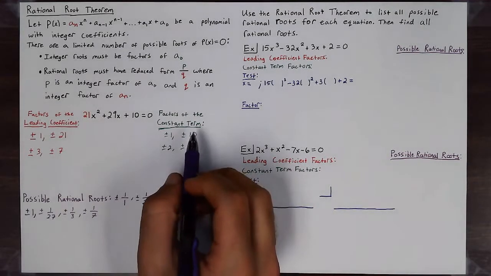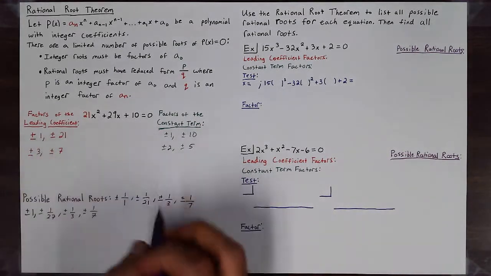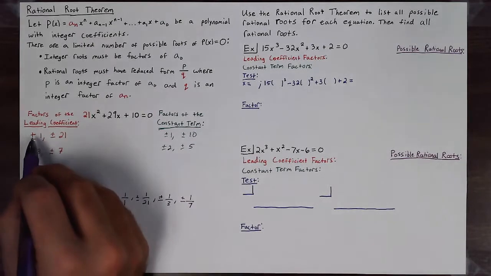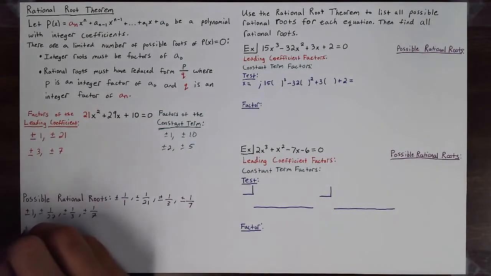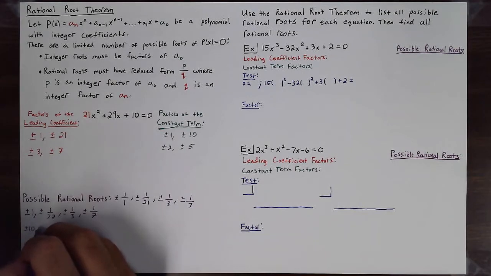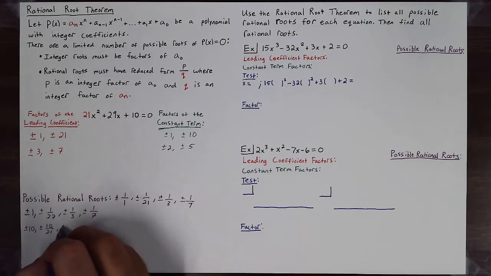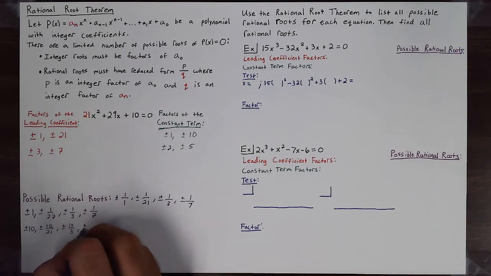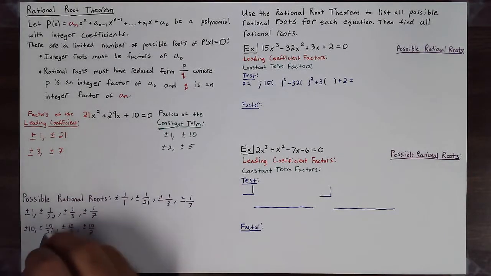Now I'll put 10 over all the numbers. So I'll plus or minus 10 over 1, which is just 10, plus or minus 10 over 21, which cannot be simplified, plus or minus 10 over 3, plus or minus 10 over 7, and none of those fractions could be simplified any further. And now we continue to do this for all the combinations.